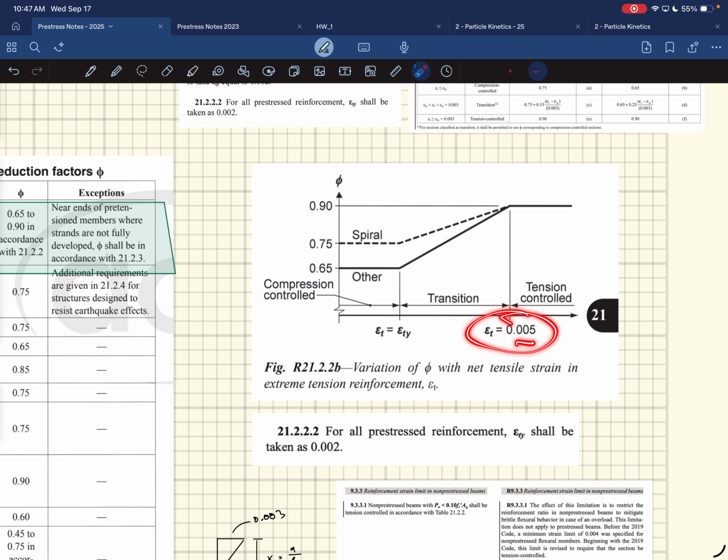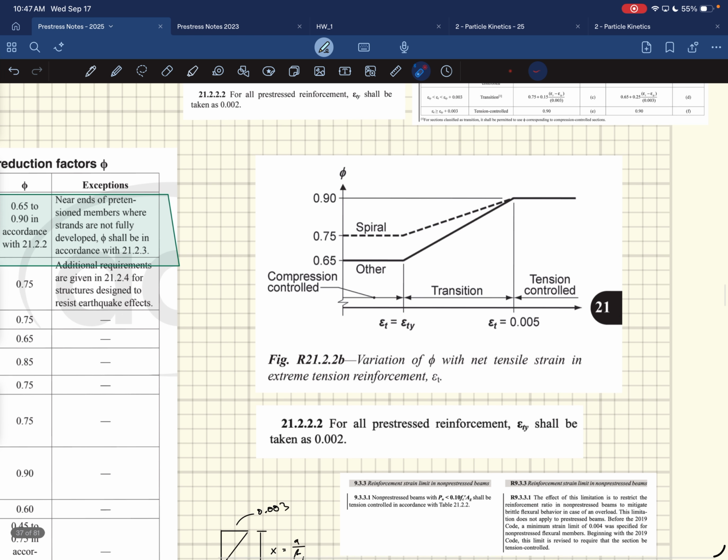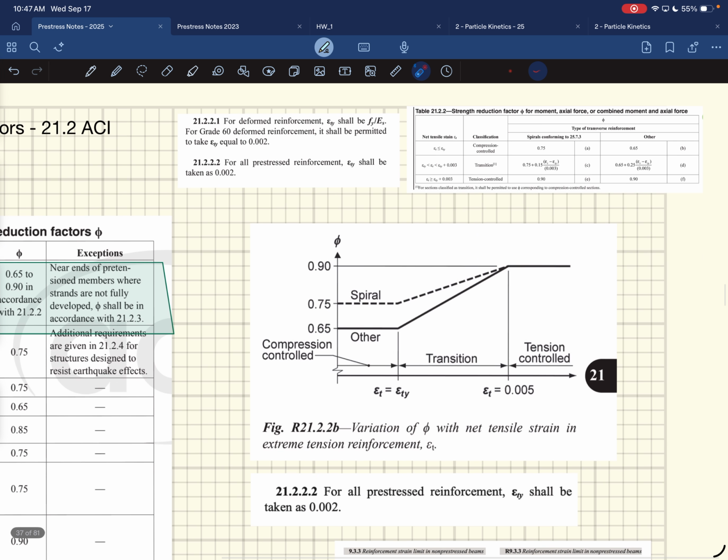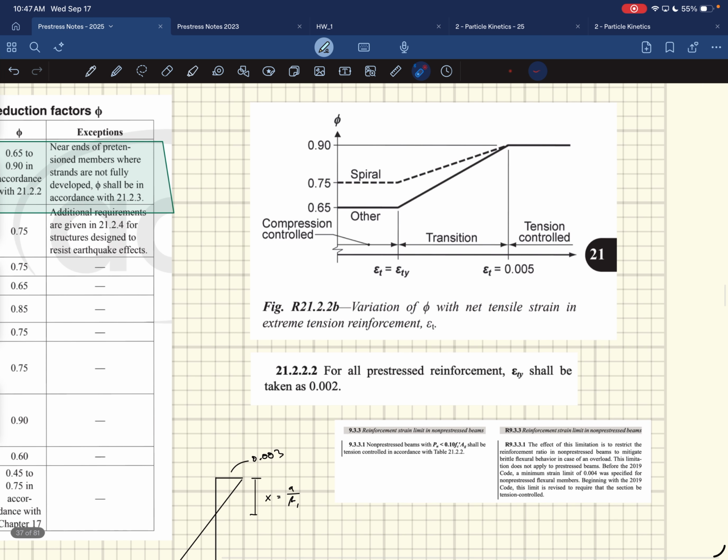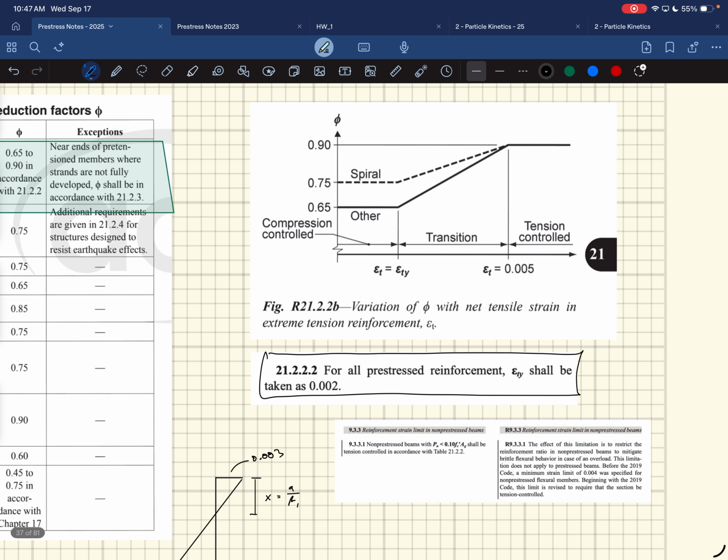Something that has 0.005 for strain has that much curvature, you would see that, and so you get rewarded, and you get to use 90% of what the capacity is that you calculated. If you have a strain that's less than that, it tells you right here, there is no yield strain in steel, and pre-stressing. So there's a little section in the code that says make that 0.002. For pre-stressing, use a 0.002. So if you go less than 0.002, then you use 0.65, right? And then in between, it ramps up, right?